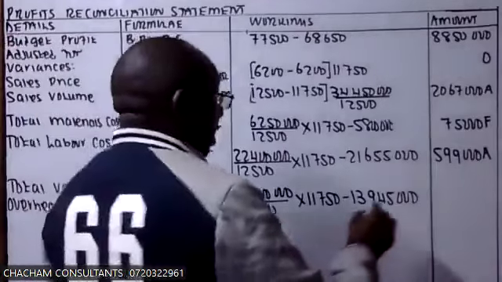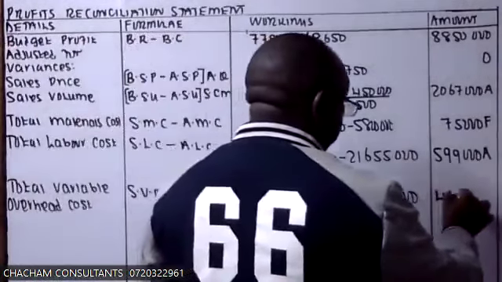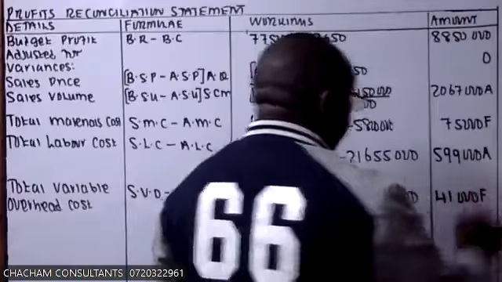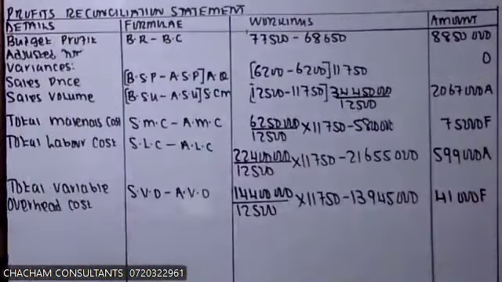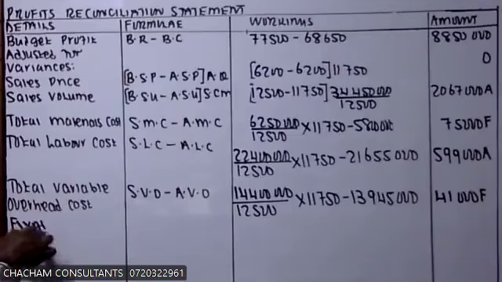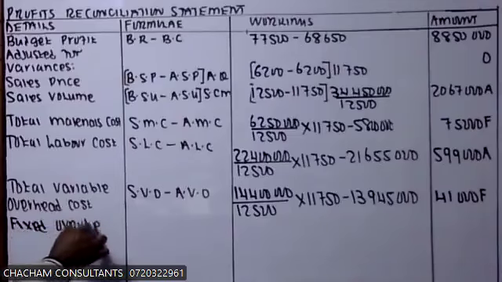Okay, 41,000 favorable. Then we normally bring fixed overheads expenditure.